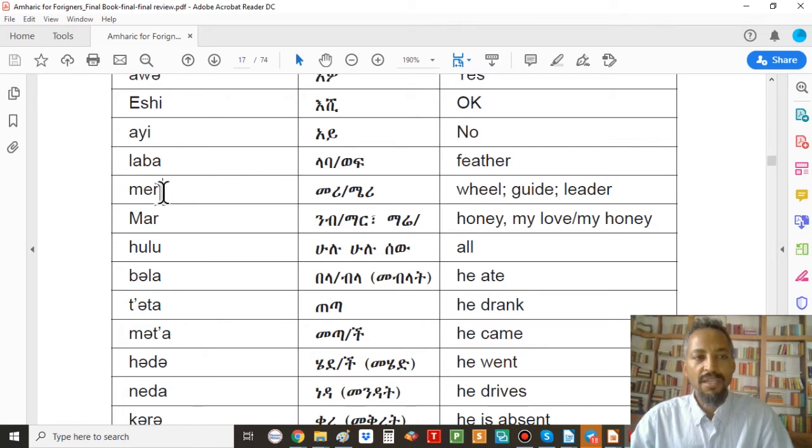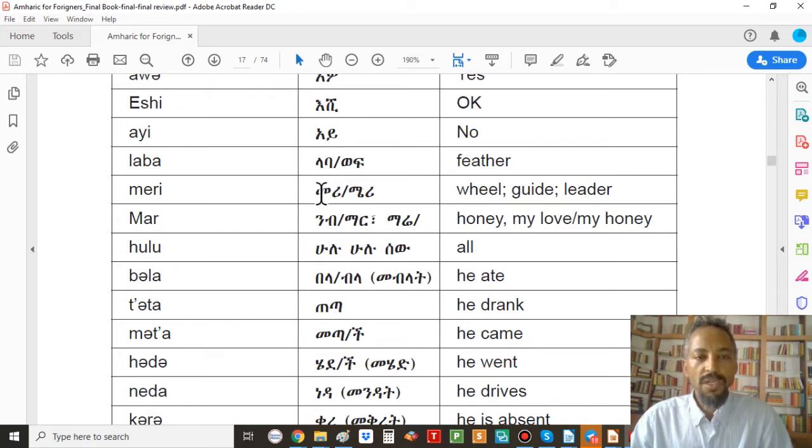This is a typical example. We're talking about the word Mary, but if we write that word in English letters like this, we may mispronounce it as Mary, which is wrong or which is a different word. Actually, we don't have that in Amharic. It's not a word in Amharic. That's why I put this one here, so it can remind me when I teach and I can explain all this.